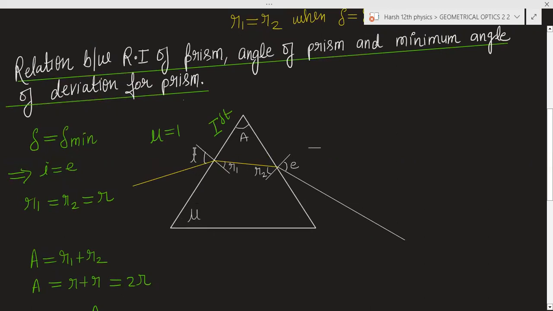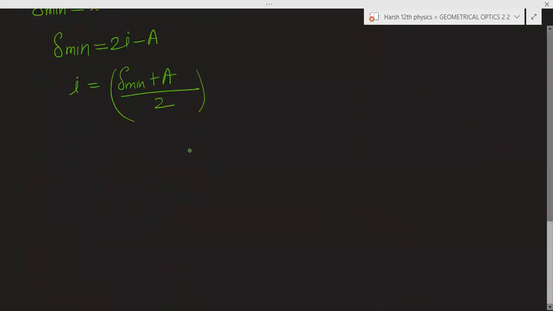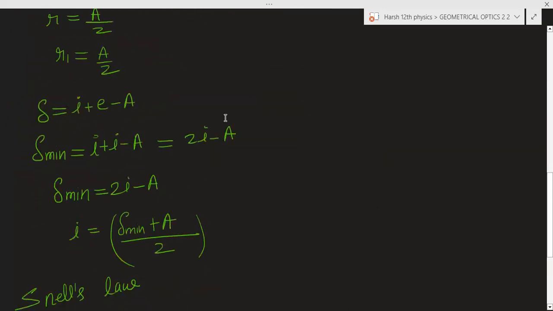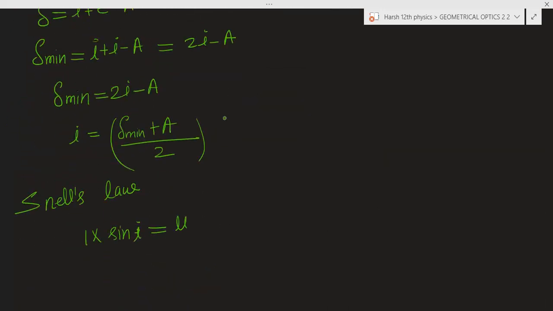So you will write 1 into sine I is equal to, for this medium, mu into sine of R1.